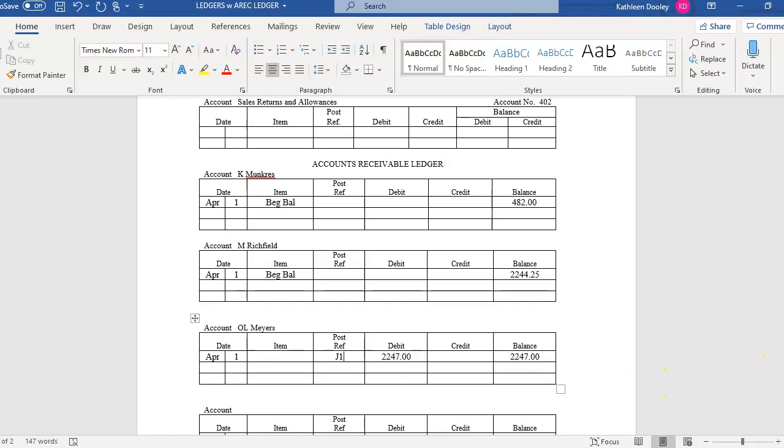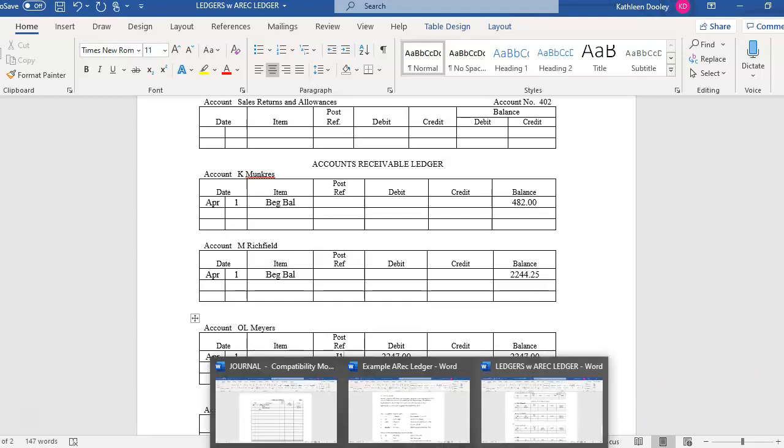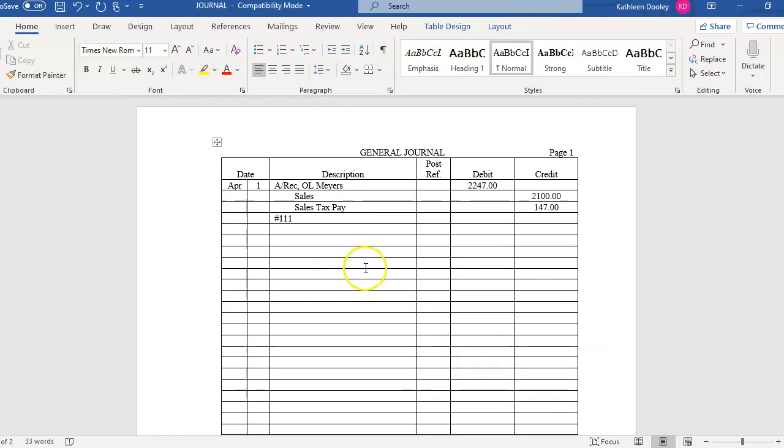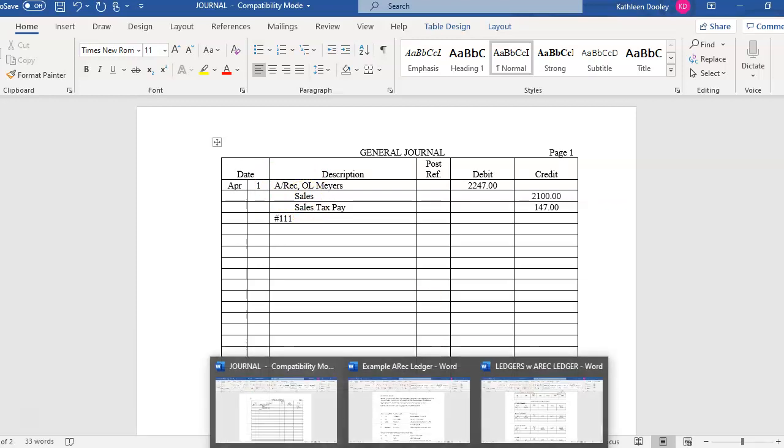Now I can also go ahead and post this to the general ledger. So if I look at the journal, okay, I have to post it to 2 different things. This debit is posted to O.L. Myers, but it's also posted to accounts receivable in the general ledger.